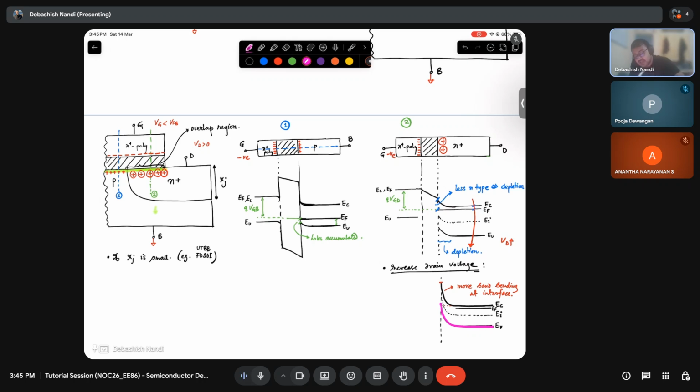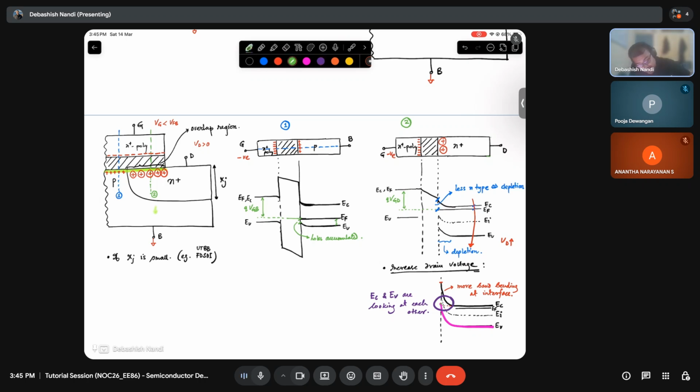At this location, EC and EV are looking at each other, meaning they are at the same level, right? So what will happen?